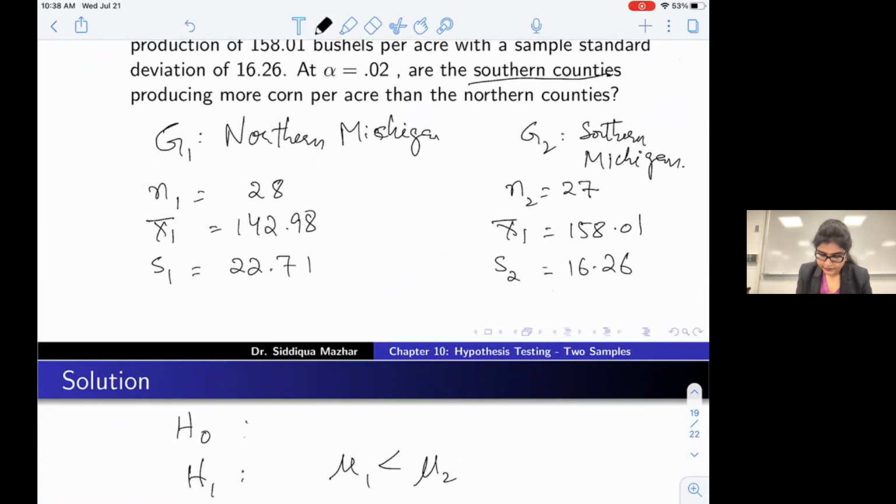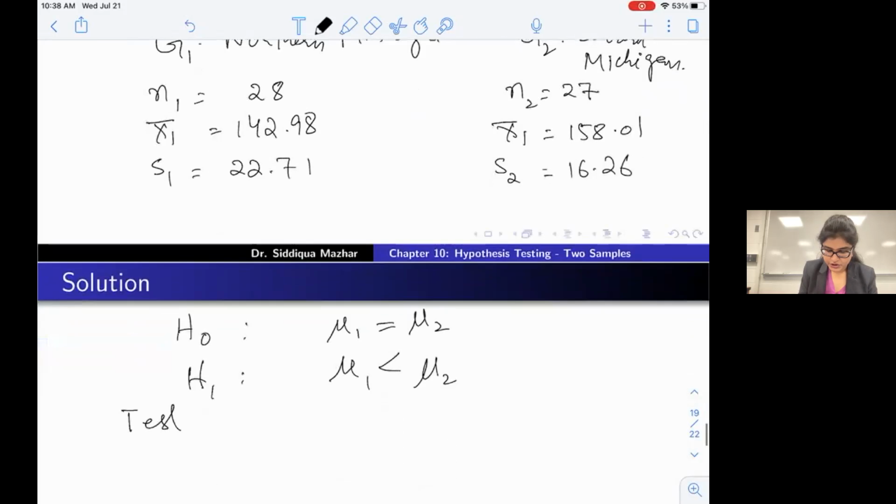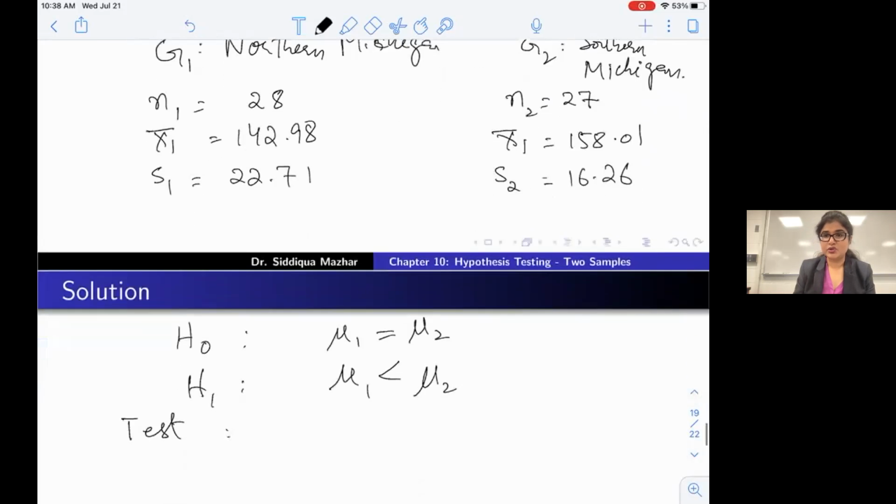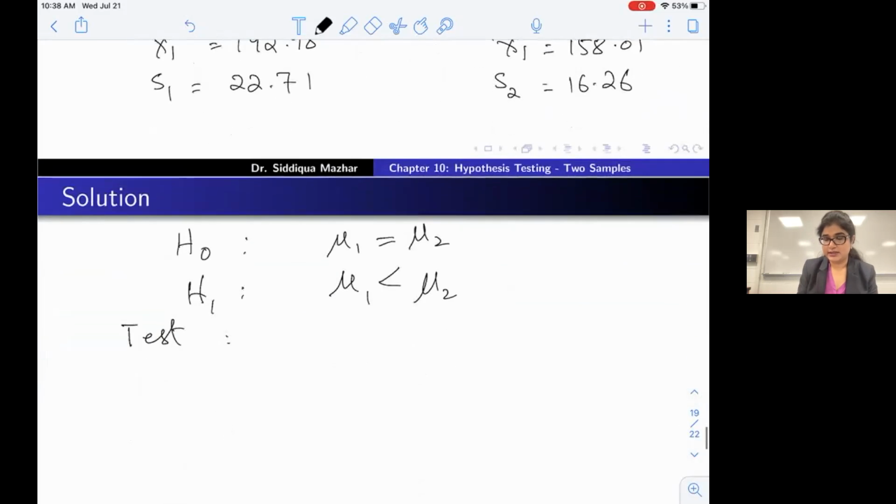And for H naught, you will choose the equality, that the average corn per acre for Northern and Southern Michigan are equal to each other. Then which test? Because we are talking about averages and we have sample standard deviations, not the population standard deviation, I'm using a 2 sample t-test.